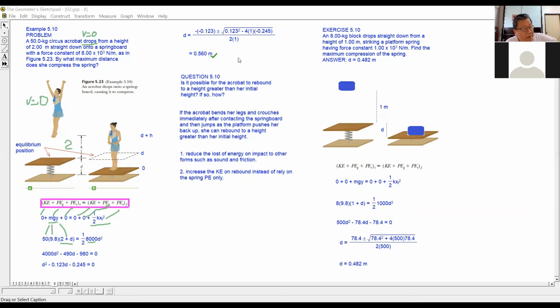So what does that mean? It means that when this person dropped down from a height of 2 meters, the compression of the spring at this position will be 0.56 meters. Any question?